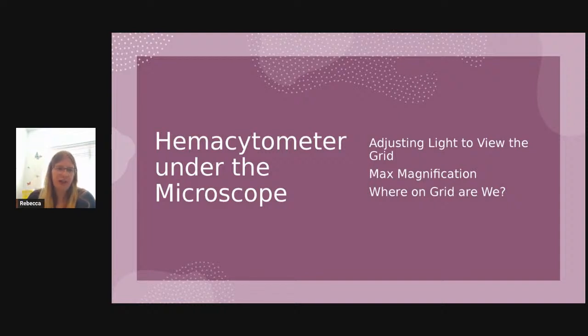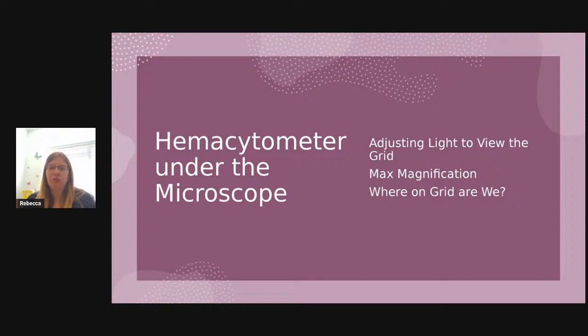So first thing that I had prepared, sorry for the technical delays there, was the hemocytometer under the microscope, because many only got limited practice with this for the 1 week in lab.